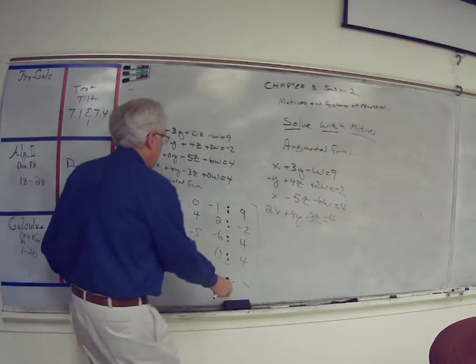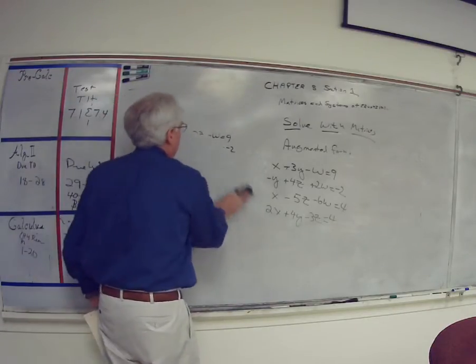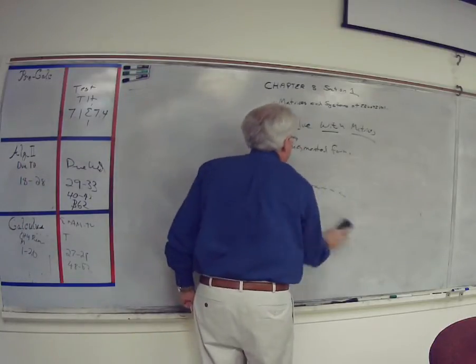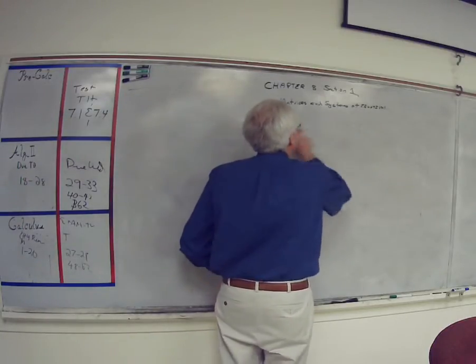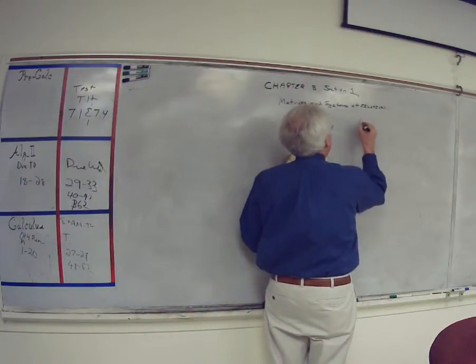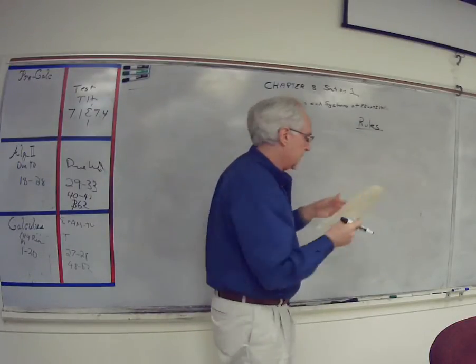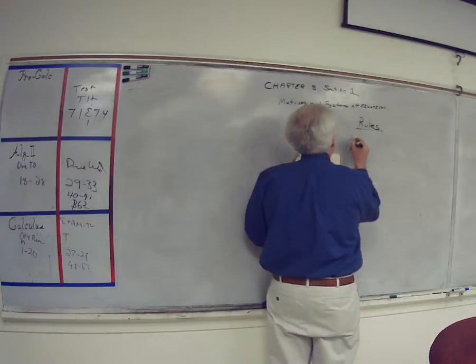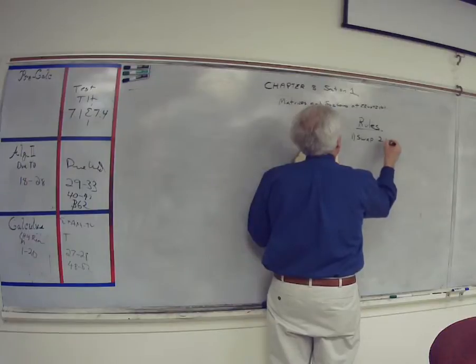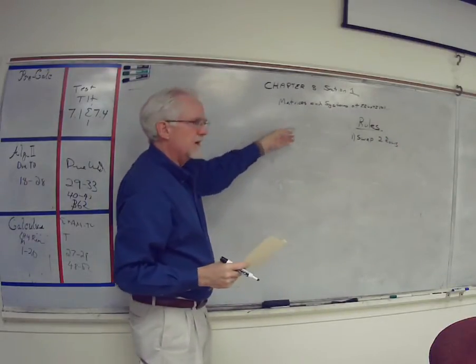Okay, let's look at how you can do manipulations to solve those equations. These are the rules of what you're allowed to do. You can only do what you're allowed to do. You can't make something else up. You can swap 2 rows. So I can take 2 rows and trade them.